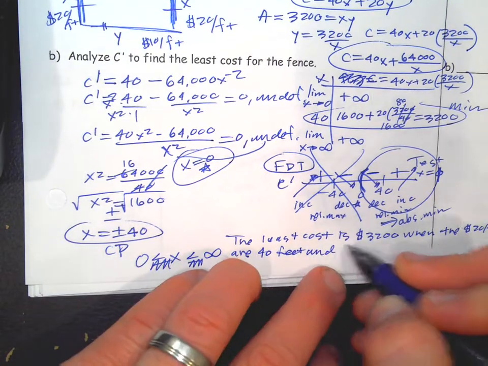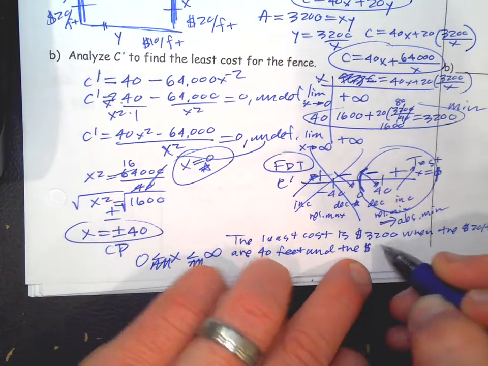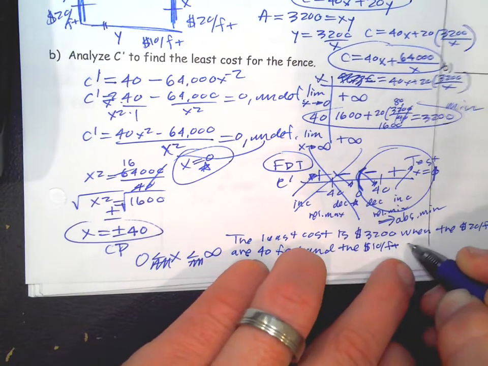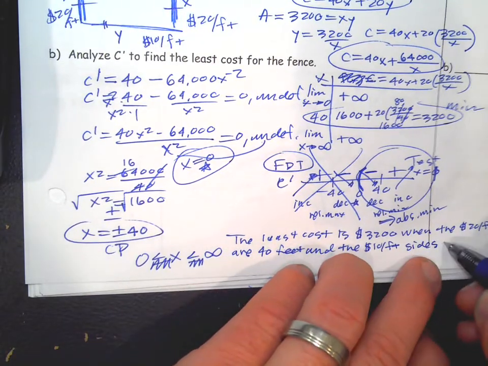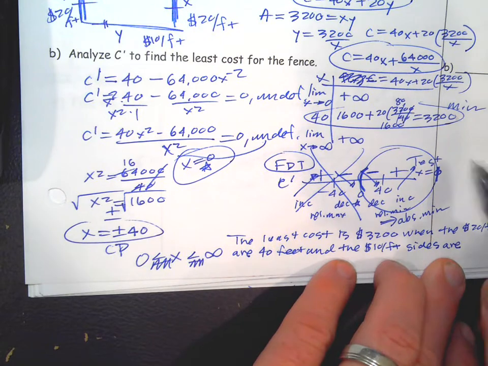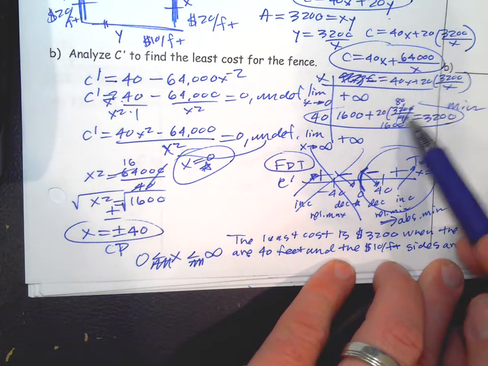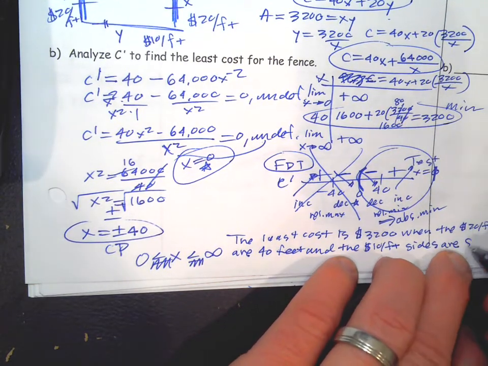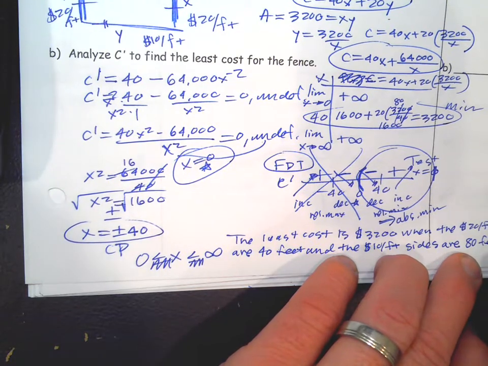And the $10 per foot sides are, now I think it's right here, 80 feet. That's the answer.